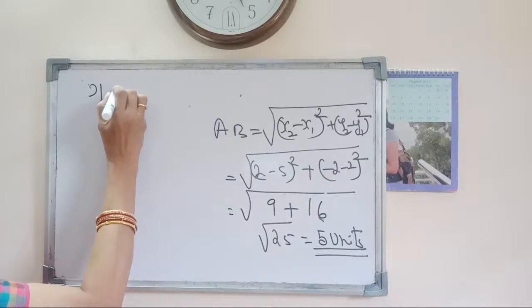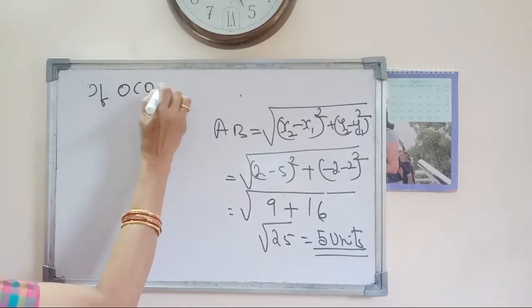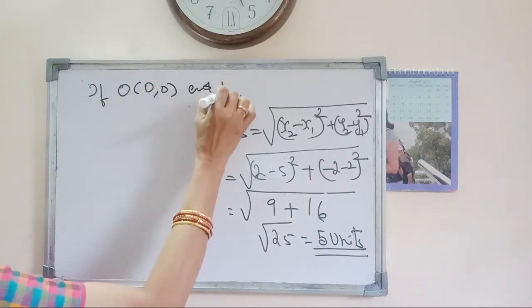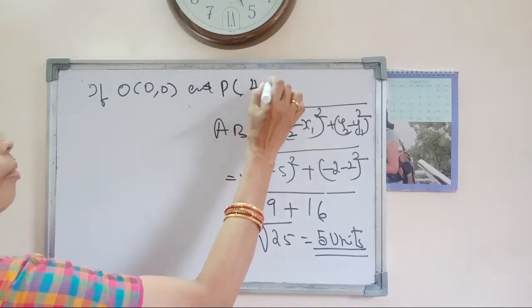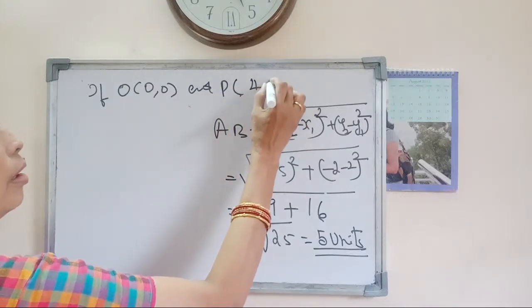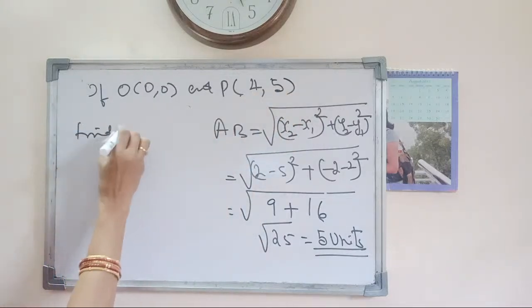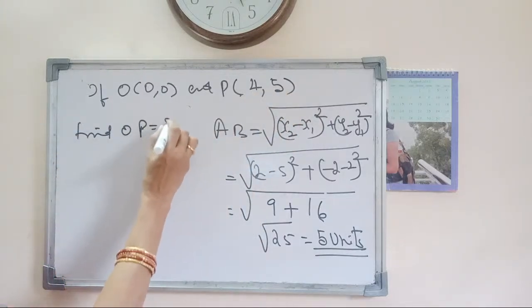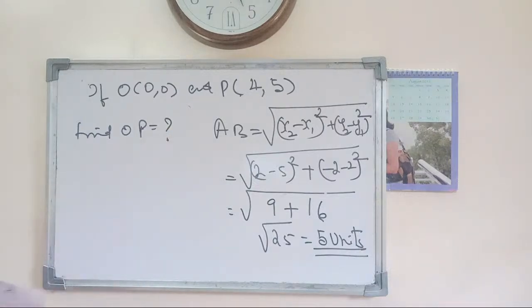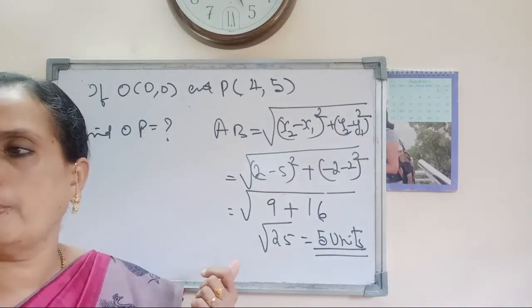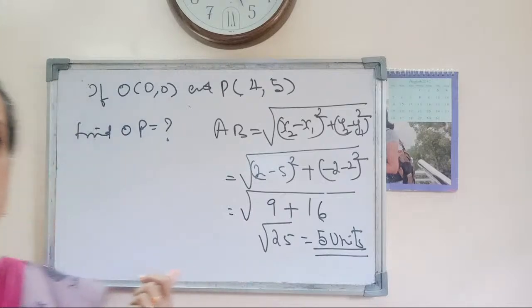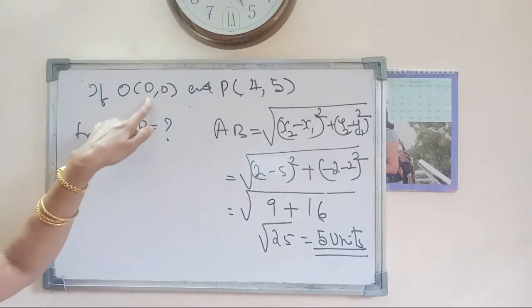If O is 0 comma 0 and P is 4 comma 5, find distance OP. By seeing the ordered pair, we can guess that one of the points is at the origin.